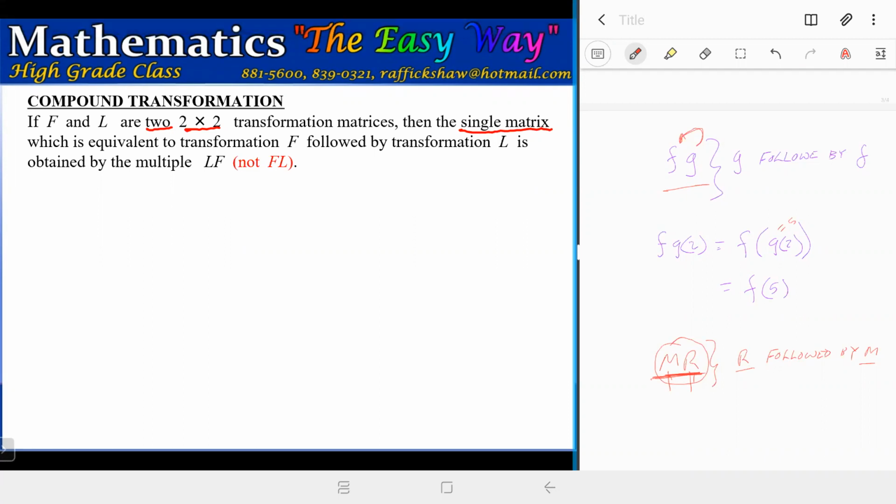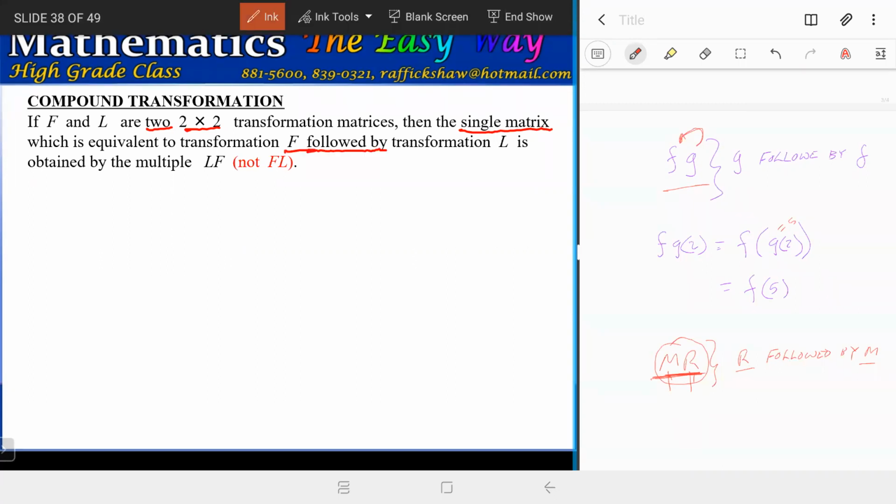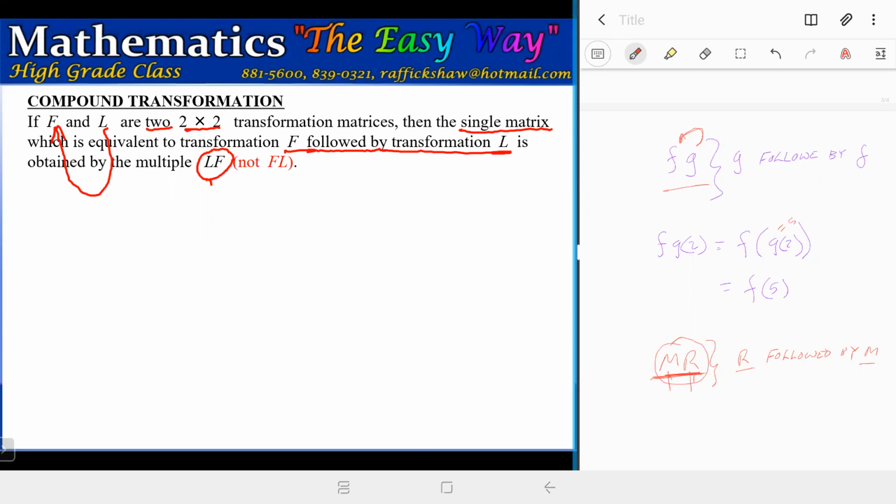Transformation F followed by L is obtained by the multiple L times F. L times F, not F times L. You don't multiply the first one by the last one. You multiply the last one by the first one. What they say is that you apply the last one to the first.